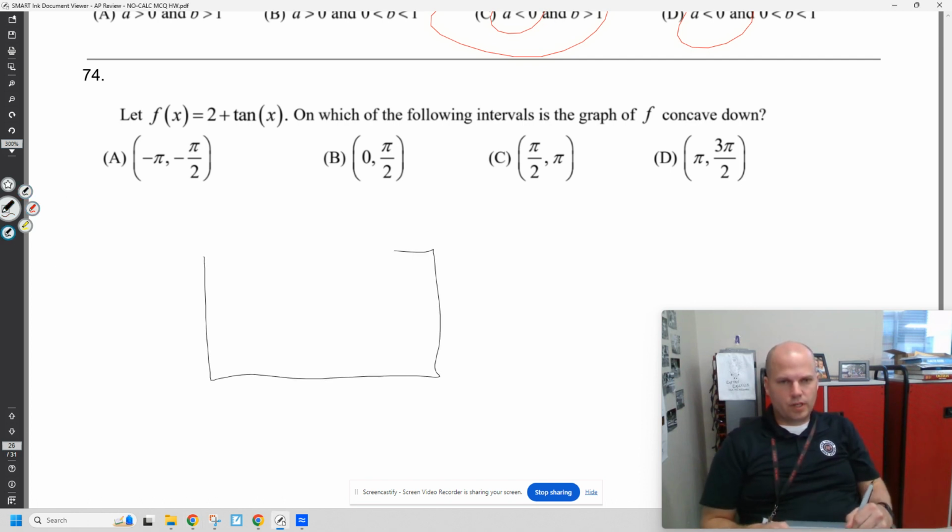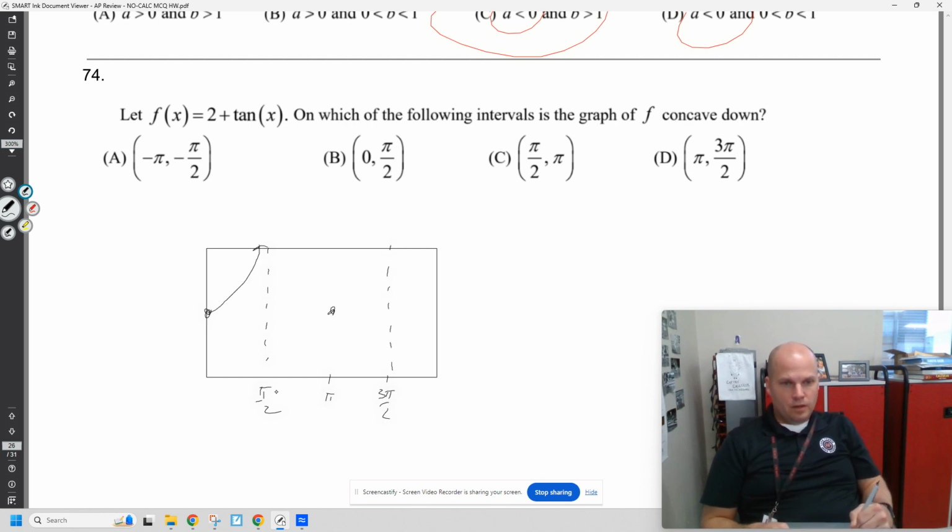Which intervals is tangent concave down? I don't think we asked you this one. Concave up, concave down, concave up, concave down.